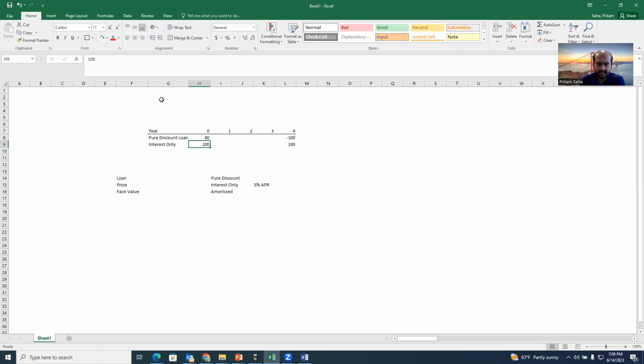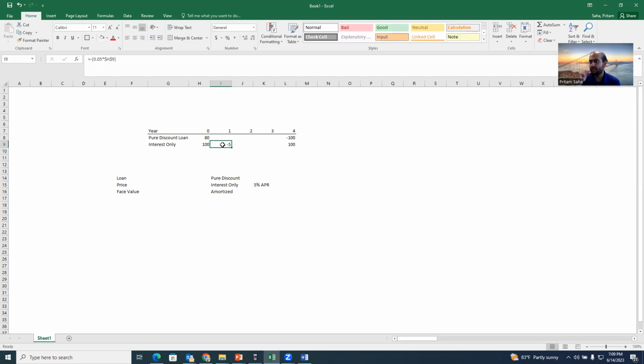So today the borrower will receive the full face value. In each period, the borrower will only pay interest, which is 5% times this value. So 0.05 times 100 is $5.